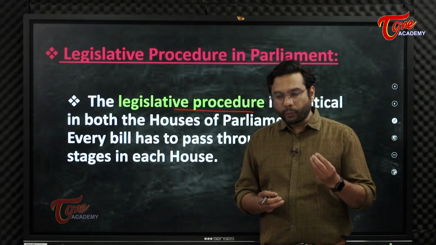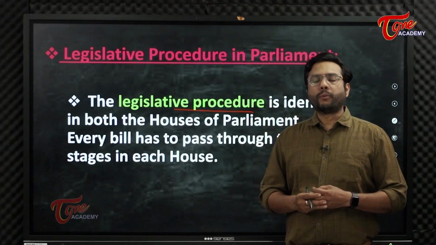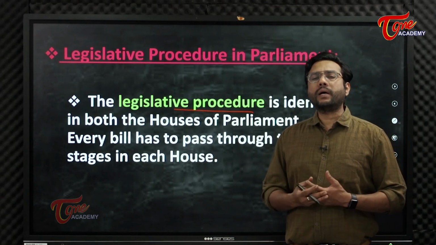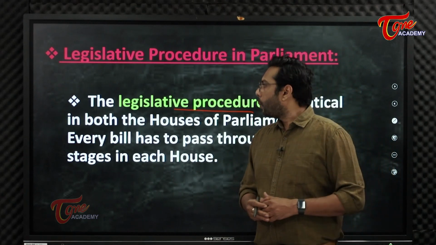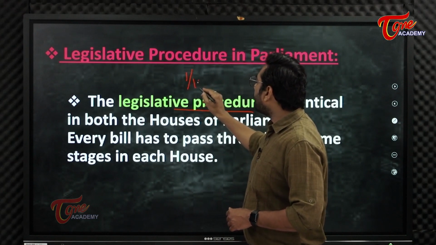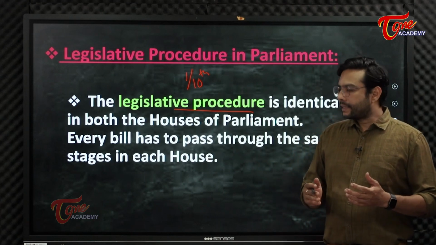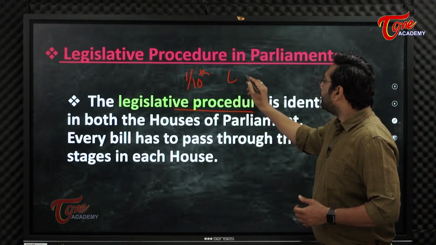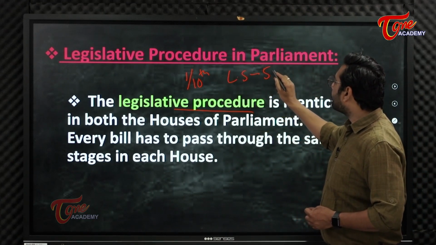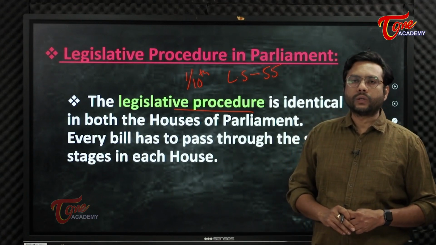A quorum is needed to run a house. Both Lok Sabha and Rajya Sabha should have a minimum quorum. When I say quorum, it's one-tenth of the members of that house who should be present. For example, in Lok Sabha, at least 55 members should be present to run the house.